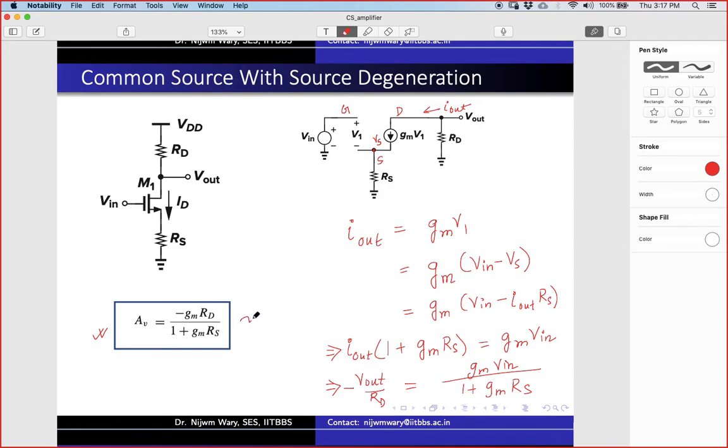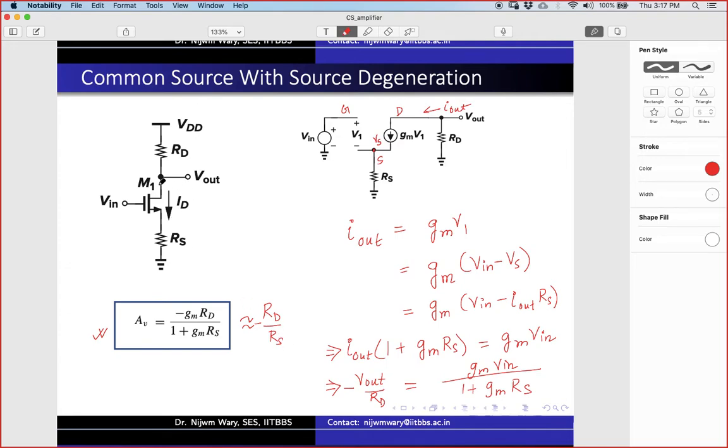So I can approximate it to minus RD by RS. This expression is interesting. In a common source with source degeneration, if I have RS and RD, the point here is that if my Gm is large, my gain is not at all dependent on Gm. So this is an important conclusion.